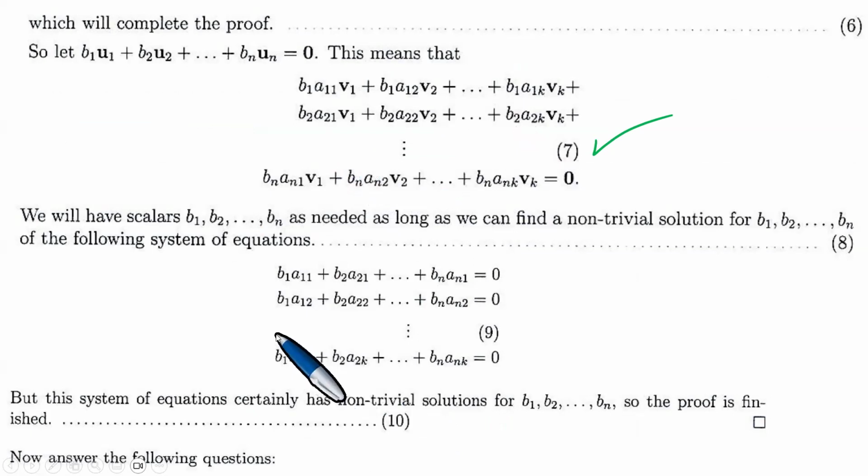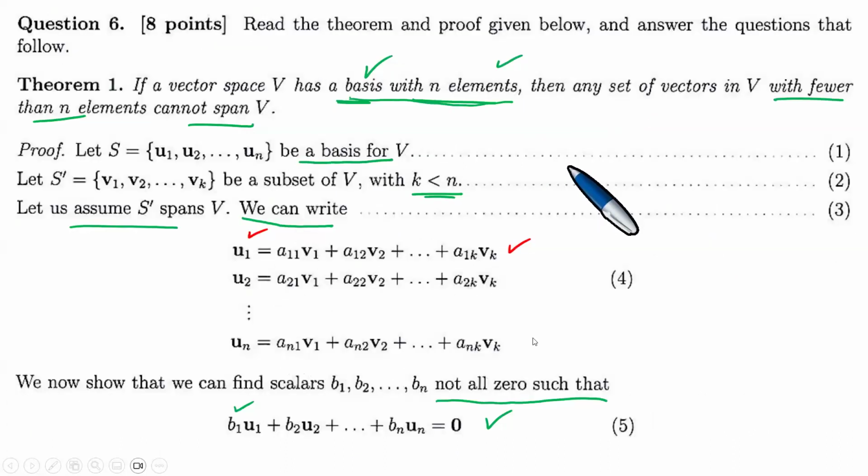So obviously, now they're saying explain where this equation at 7 comes from. Okay, so it comes from substitution. Substitution of all these equations 4 into what? Into this equation 5. So we substituted this U1 here, and then the U2 there, and so on and so forth. So it comes from the substitutions.